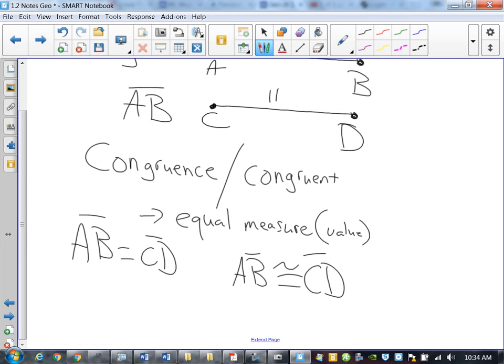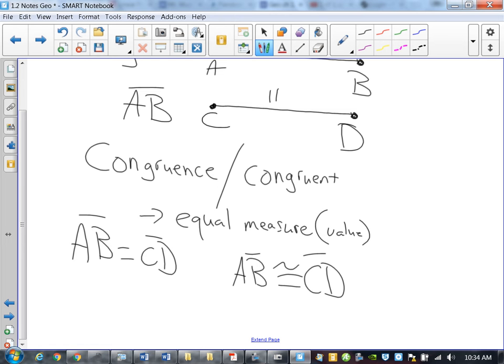Let's say this is W, X, Y, and Z. If I say that WX equals XY, that means they're equal in value, which means I can say they are congruent, just a fancier way.